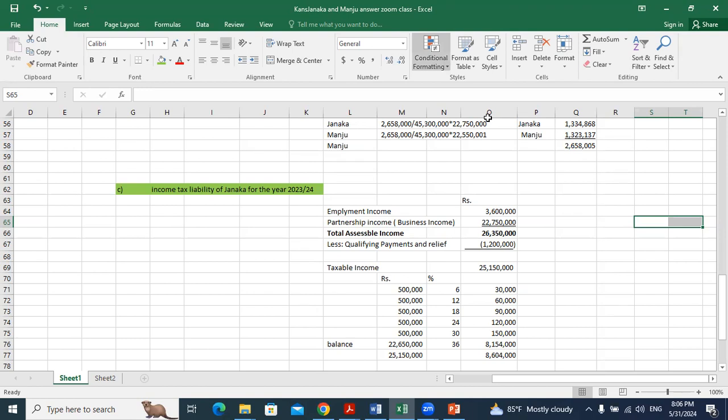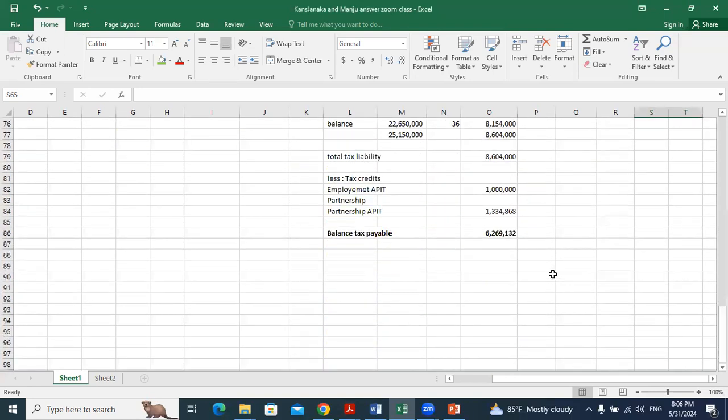Thank you. Balance tax payable of Janaka. It's balance tax payable. Is this okay?